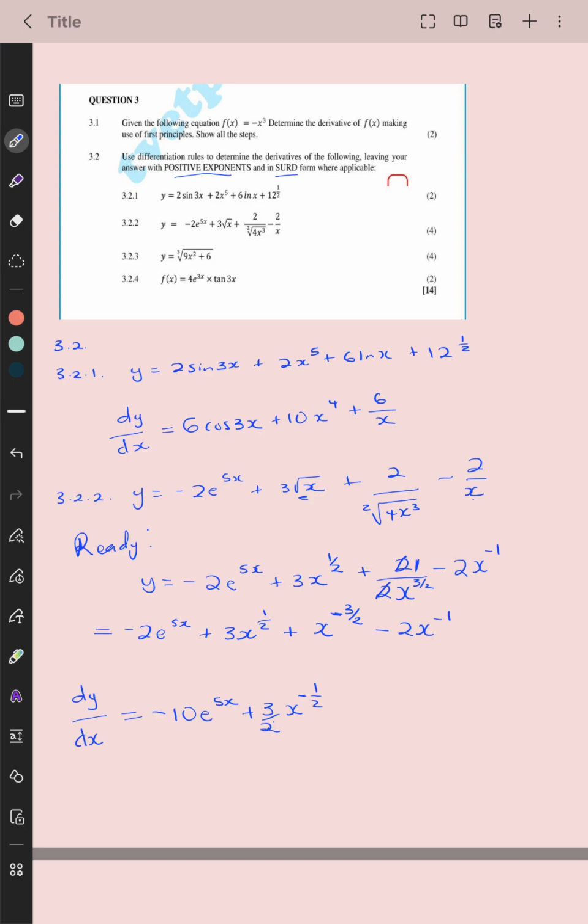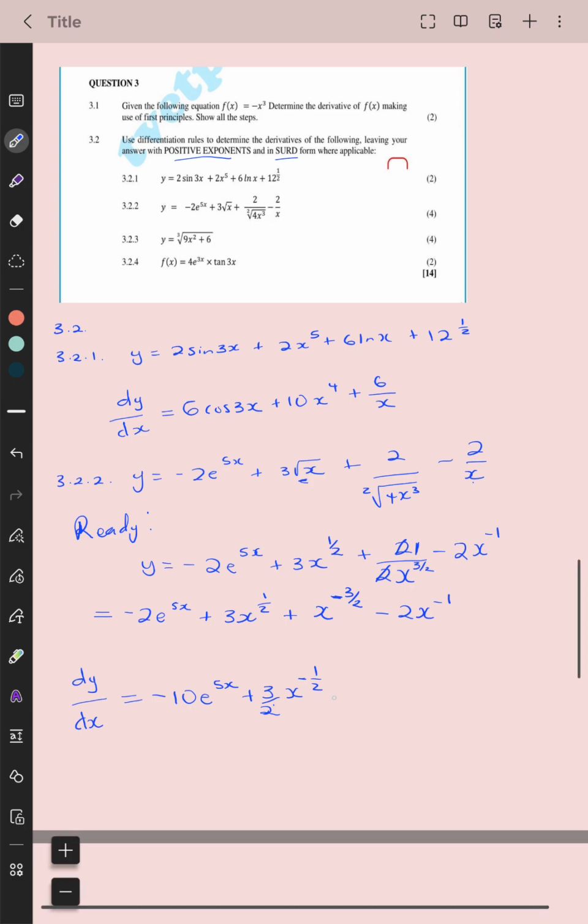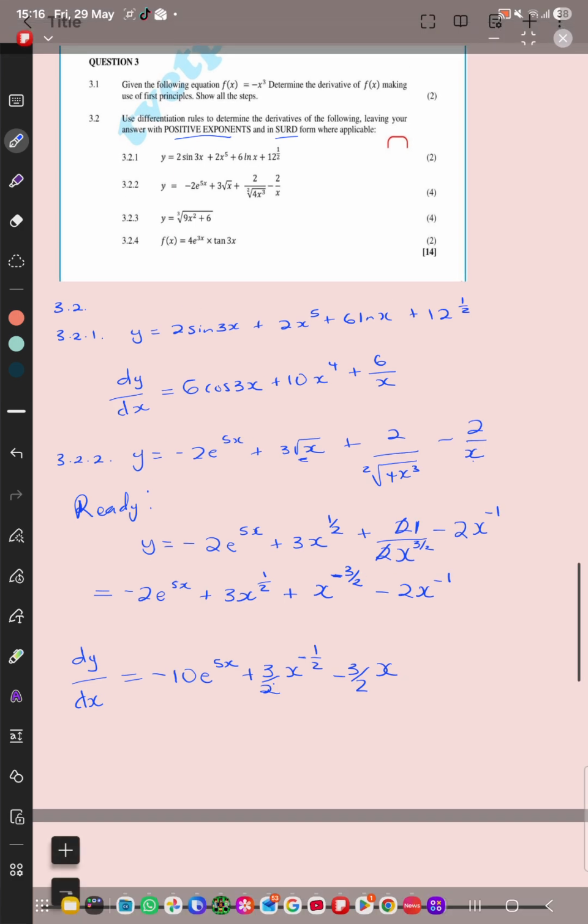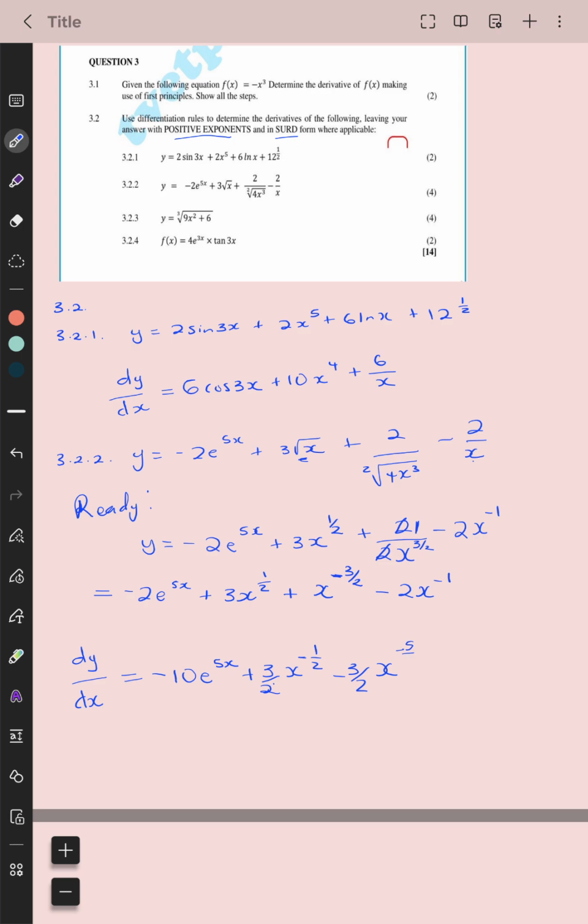The next one is -2 times 3 over 2 times 1, that will be negative 3 over 2. Then x, negative 3 over 2 minus 1, it will be what? Minus 5 over 2. All right.